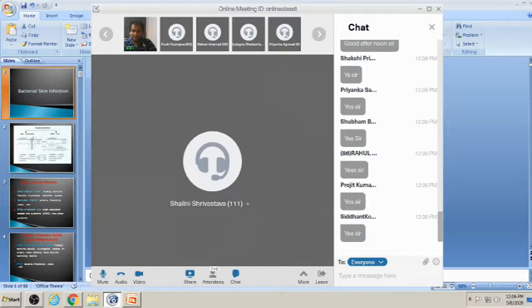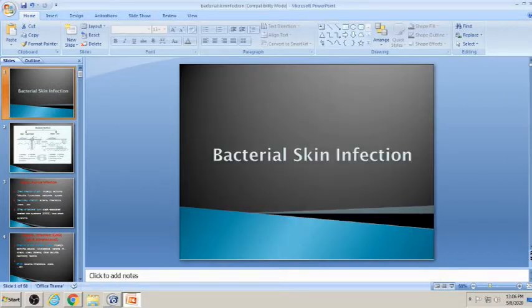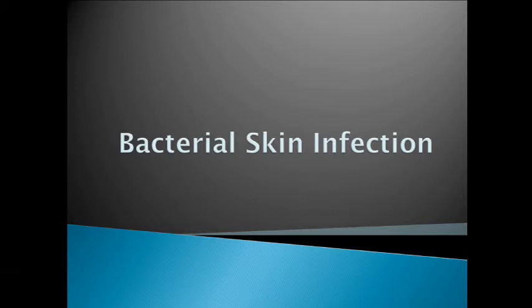So basically bacterial infections of the skin are mostly caused by our commensal skin bacteria. Skin, as we have already discussed in previous classes, acts as a barrier function, and it provides us a barrier or immunity from exogenous infections which are present in our environment and which are commensal over our skin.